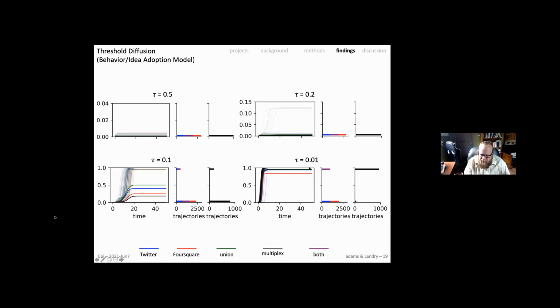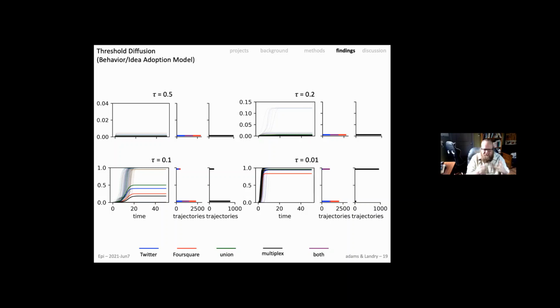However, if we look at the lowest threshold, essentially, if any of my partners have already adopted something, will I adopt? This is the only setting at which you get a different pattern, and this is the setting at which multiplex leads to a wider diffusion than either of the constituent parts or their union. So this is one where the threshold leads to a difference in pattern.